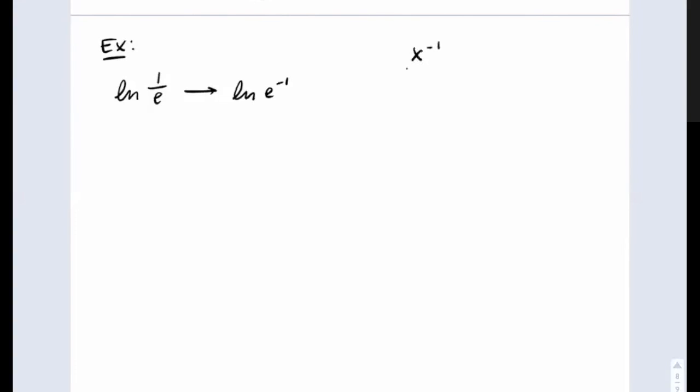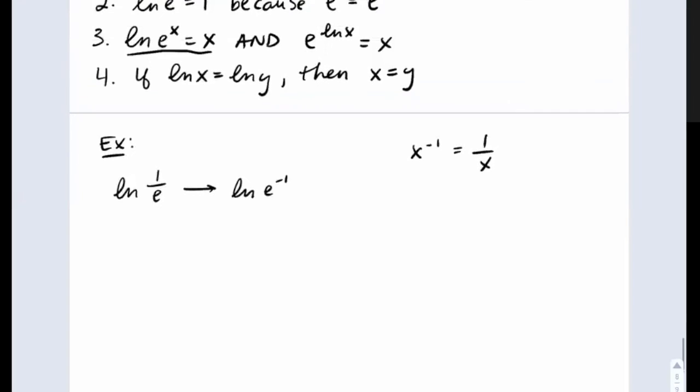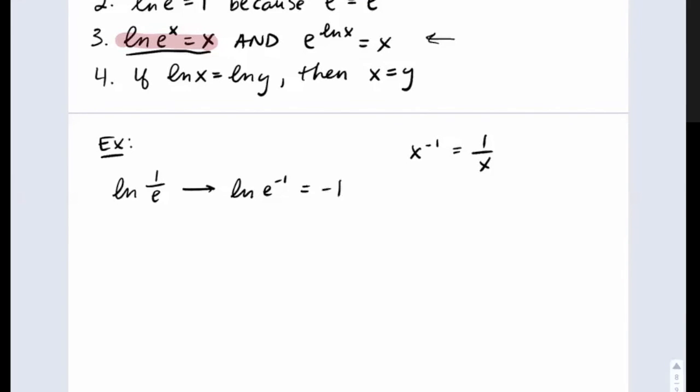Anything raised to the -1st power is simply 1 over that same value, so 1 over e is the same as e to the -1st. And as we saw in this rule, ln e to the -1st is going to give me -1. So ln of 1 over e is the same as -1.